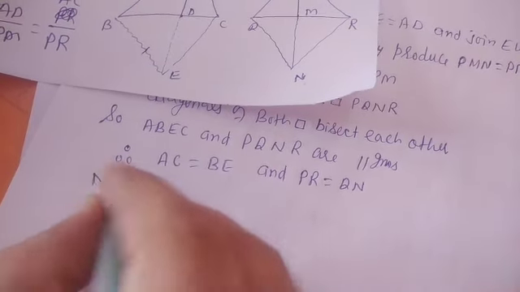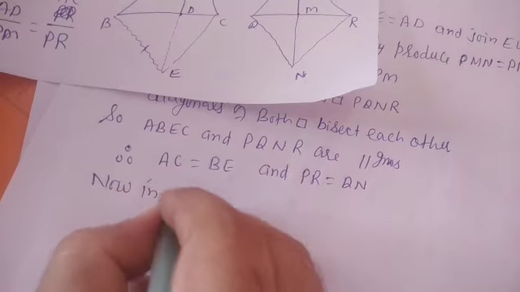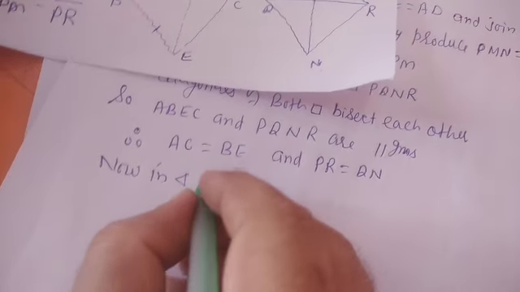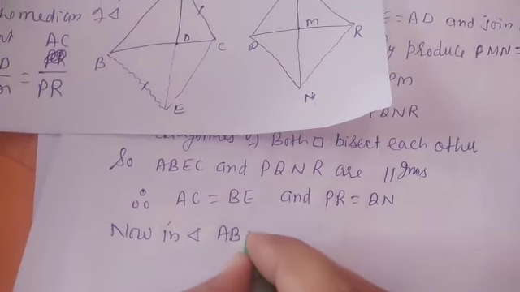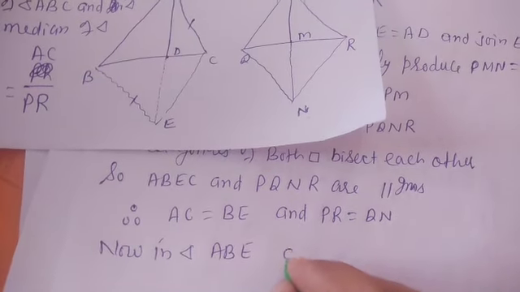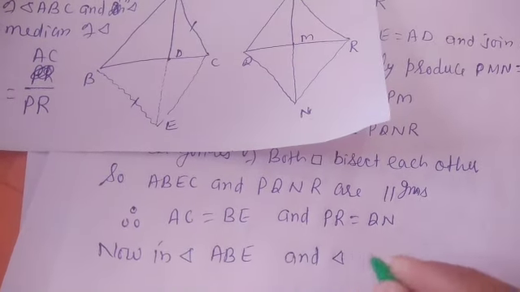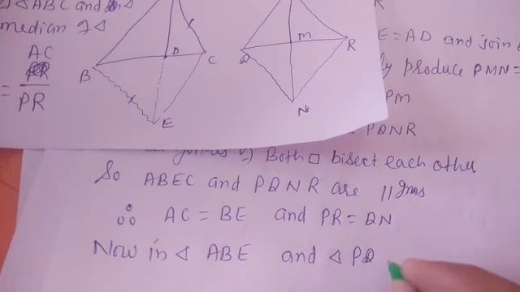Now in triangle, which triangle? ABE and triangle PQN.